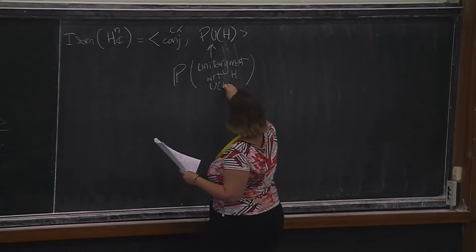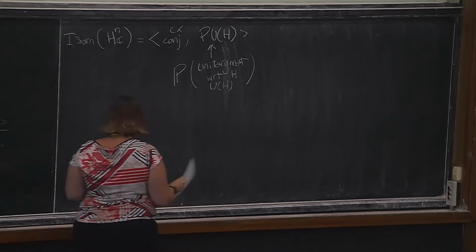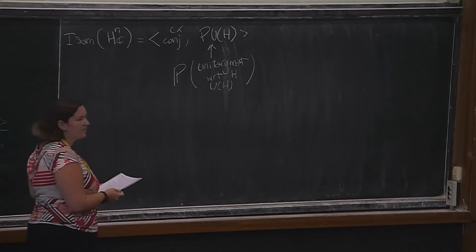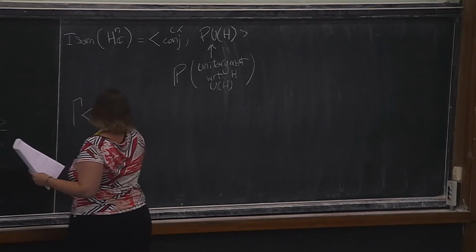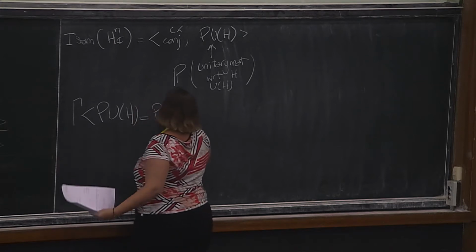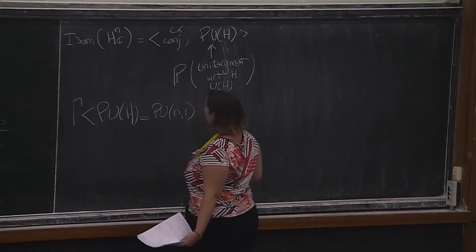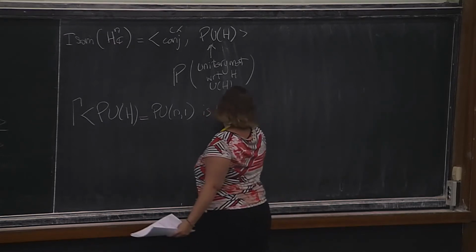This is called PU of H. And in here, I will be interested in studying lattices. And I remind you that Gamma in PU of H, that sometimes is also called PU(n,1), since it doesn't depend on which particular H we choose.